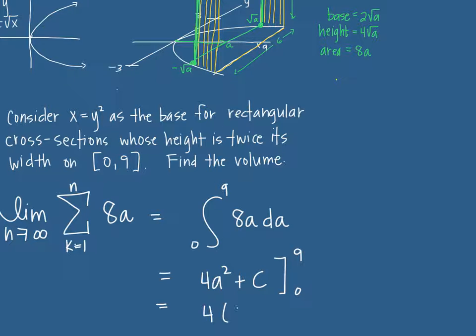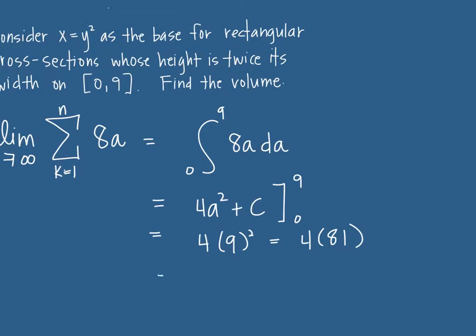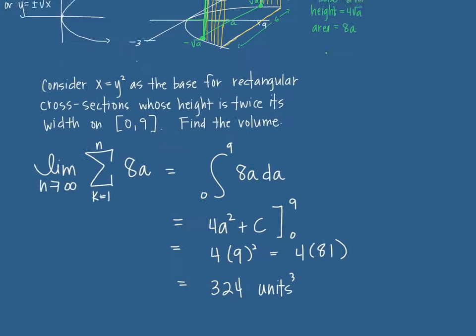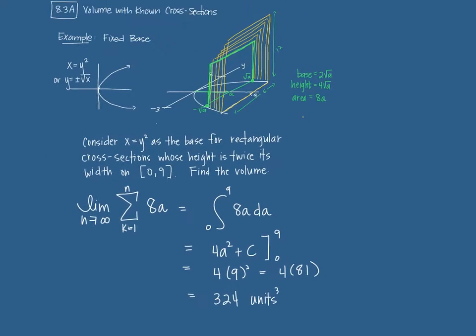Therefore, it'll be 4 times 9 squared, or 4 times 81, or 324 cubic units cubed. And that represents the cubic unit volume of that wedge shape.